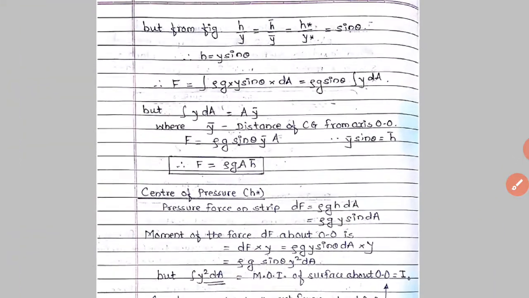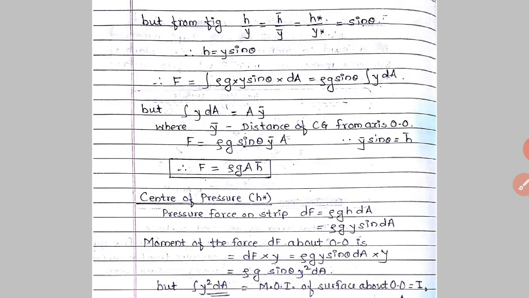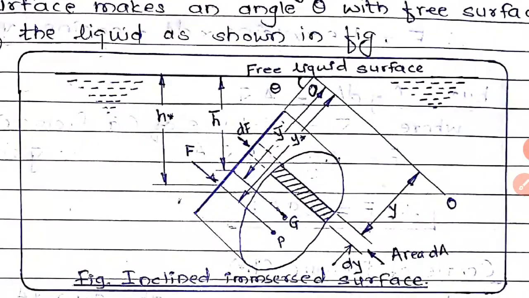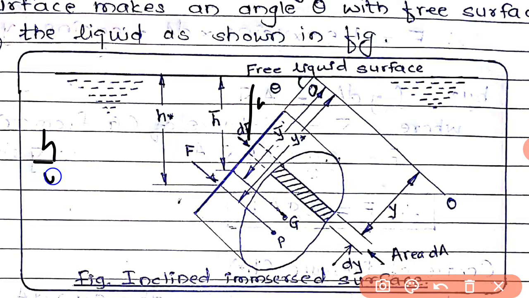But from the figure, what is sin theta? Sin theta is, see this figure, this h upon this y, h upon y, or equal to S star upon y star, or H bar upon y bar.